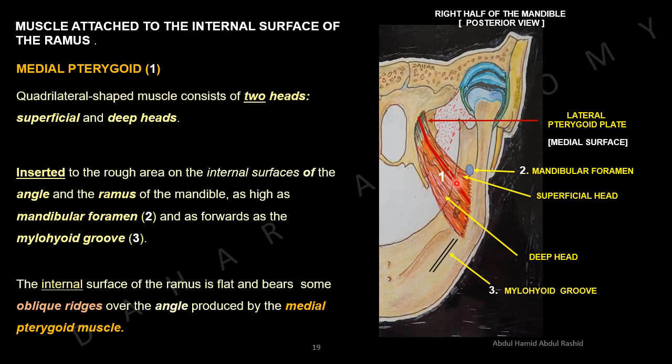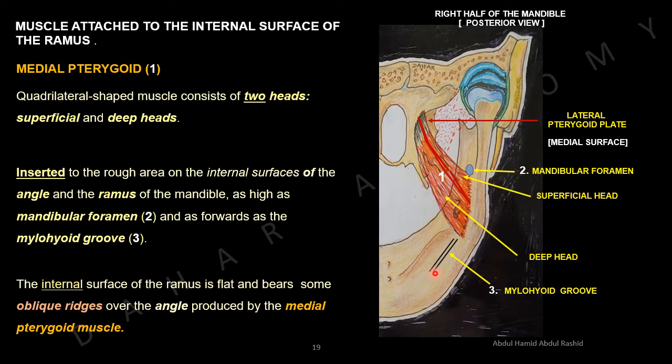We are going to talk about its attachment to the mandible. So, medial pterygoid muscle is attached to the internal surface of the angle and ramus of the mandible, as high as mandibular foramen above, this is the mandibular foramen, and as low forward as mylohyoid groove below.